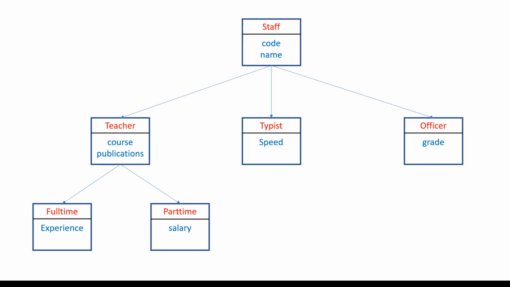In the teacher class you have variables course and publications. In the typist class you have a variable, the speed of the typist. In the third, officer class, you have grade as a variable.